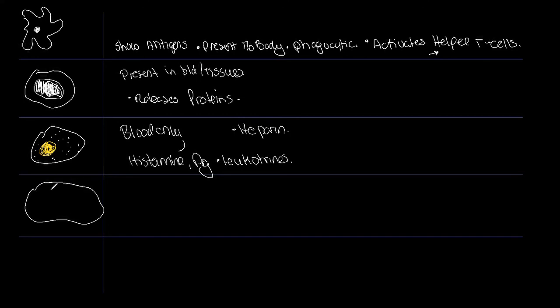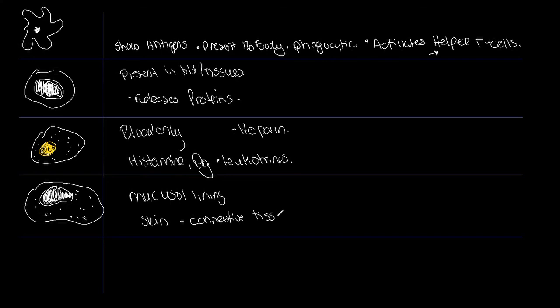Now we have my favorite cell, which is the mast cell. Now these guys are just like the basophil. They have granules interdispersed throughout, and they're closely related to those basophils, and they're present typically in mucosal linings, skin, tissues, so connective tissue, but they're not typically in the blood itself.